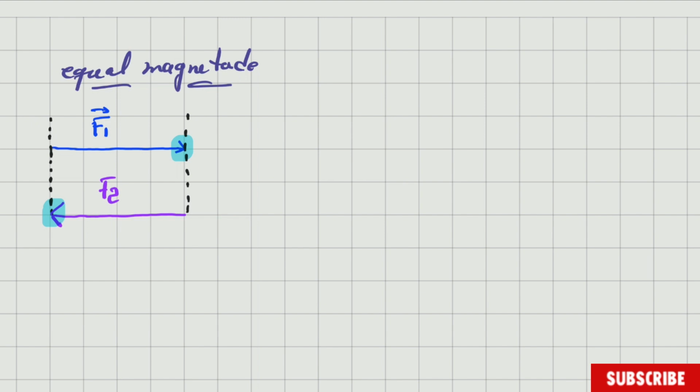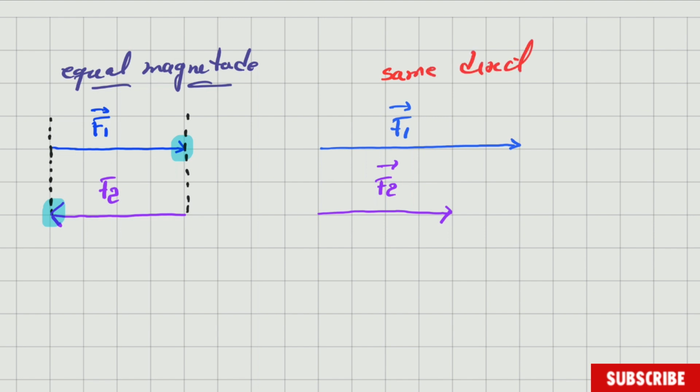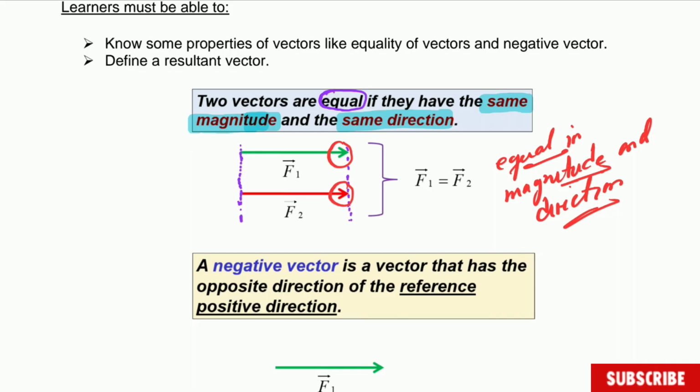Or you can have two vectors that have the same direction, but they are different in magnitude. So two vectors are equal when they have the same magnitude and the same direction. This is a very important definition because we are going to be using that concept.